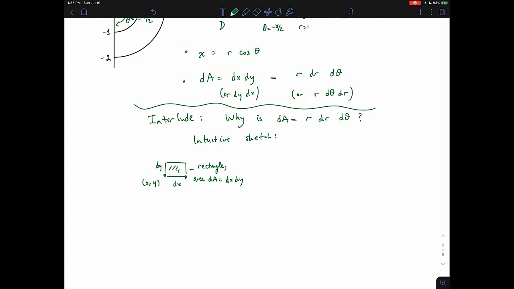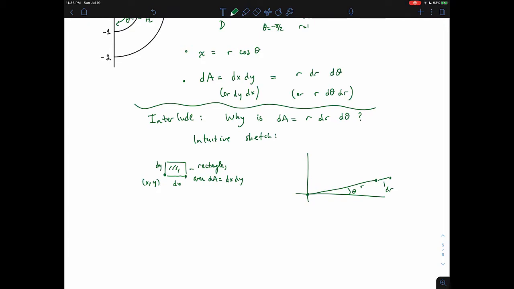It's similar in polar coordinates. If we're at a particular point located at a radius r and angle theta, and the radius r increases by a small amount dr, then that's just going out along the same ray.